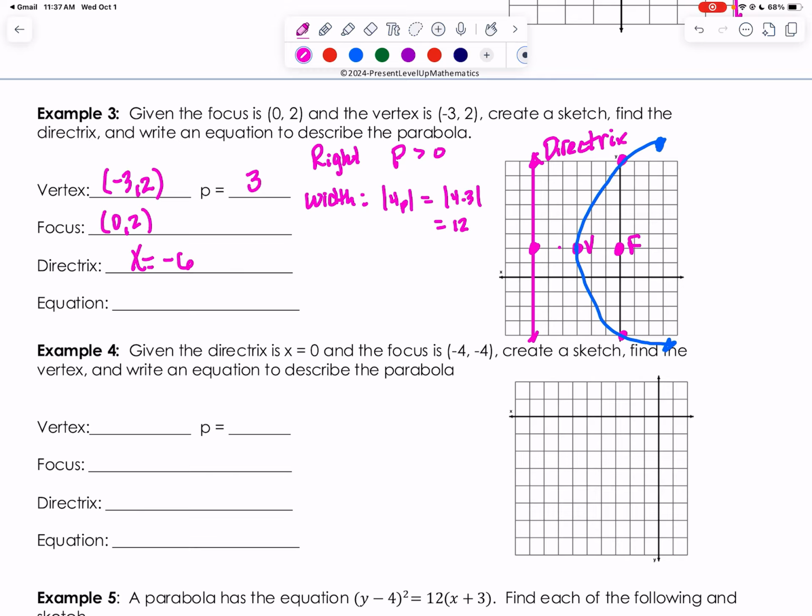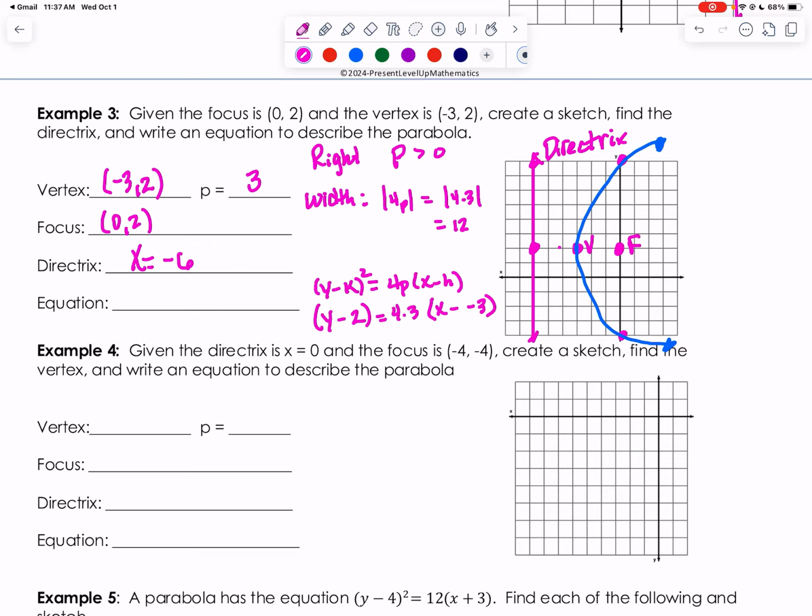Now, when parabolas open to the right or the left, the formula we use is y minus k, quantity squared, equals 4 times p, parenthesis x minus h. So in this problem, we have y minus k, which is 2, equals 4 times p, which is 3, parenthesis x minus h, which is negative 3.